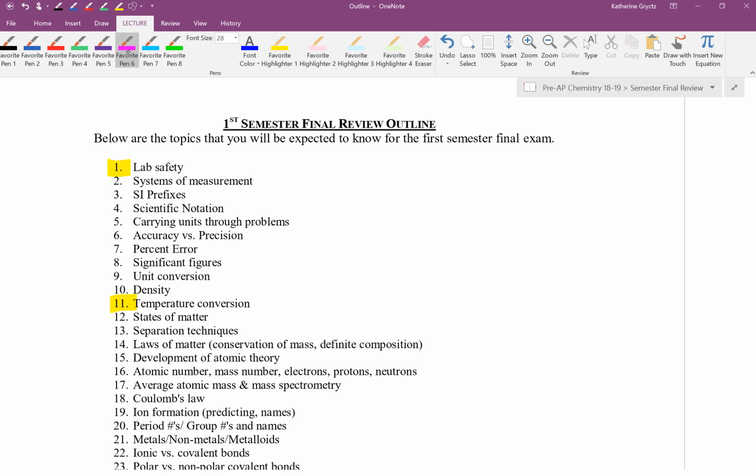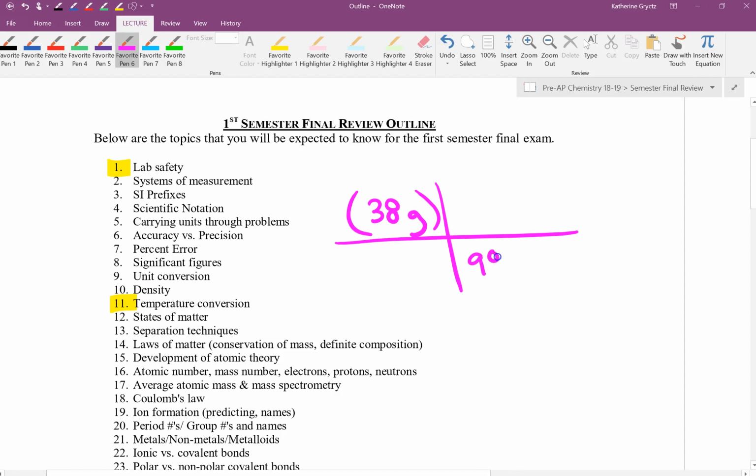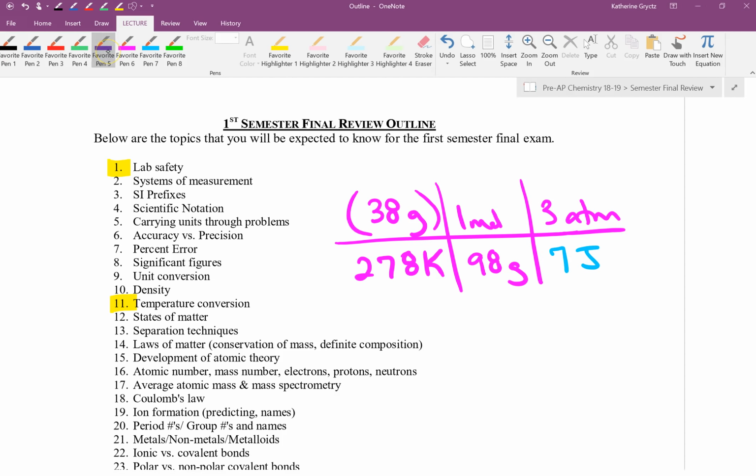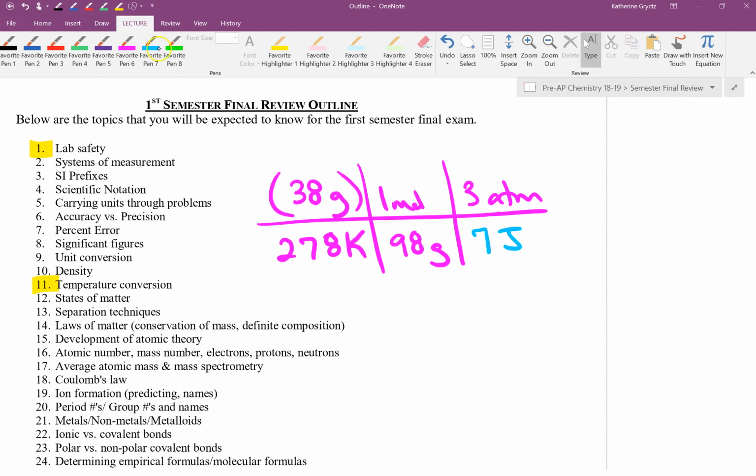Carrying units through problems is essentially what we've been doing with the line all semester long. We'll do several of these. If I just gave you something like this, just a setup, and asked what the units of the answer are, this is a meaningless calculation, so don't worry about what it's doing.